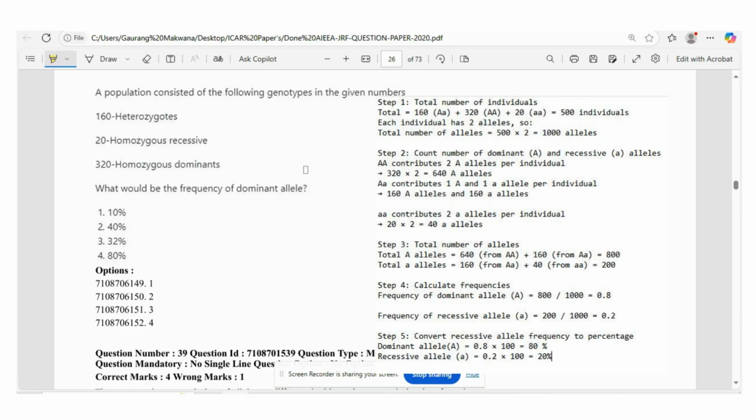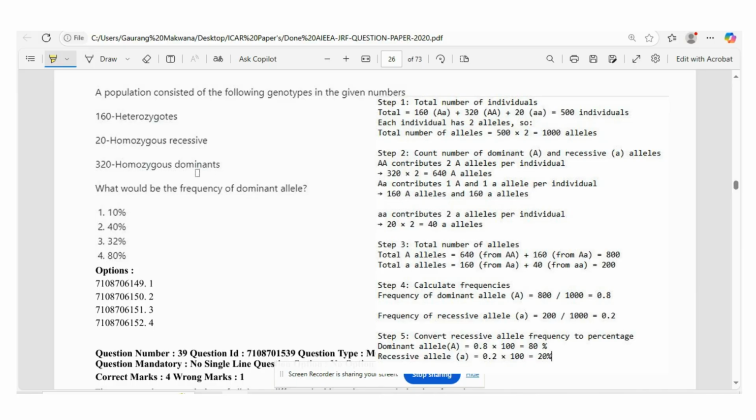Now what are they asking? The dominant allele. The dominant allele is always expressed in heterozygous and homozygous dominant. So homozygous dominants are 320 into 2, because in homozygous dominant AA both alleles are there, so we get 640.